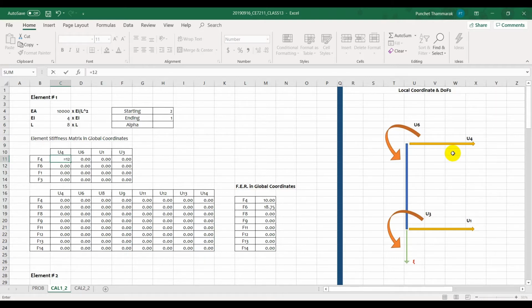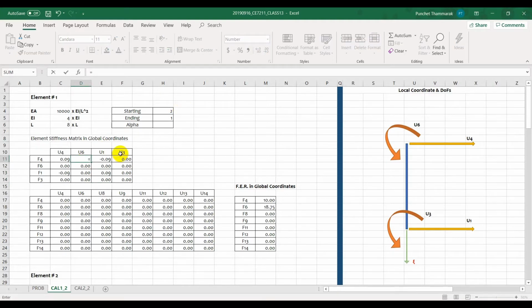So first of all, it is 12 times EI over L cubed, and that is going to be the same over here, and this one here, and this one, 12 EI.